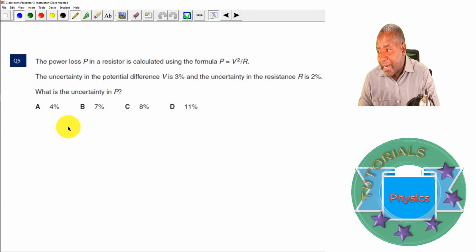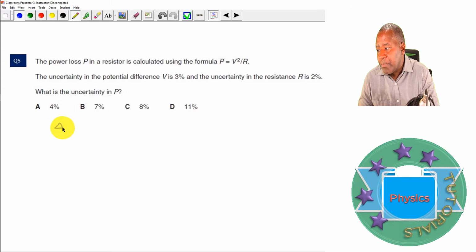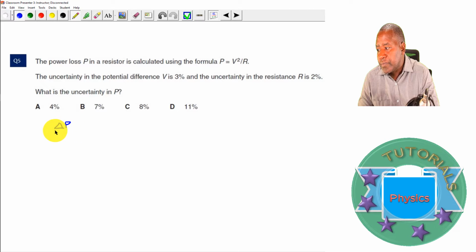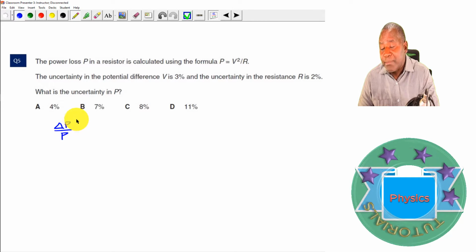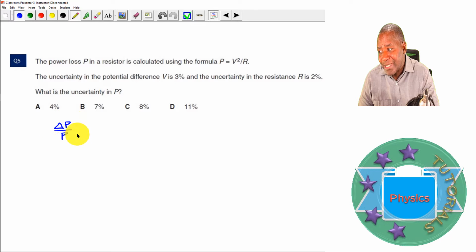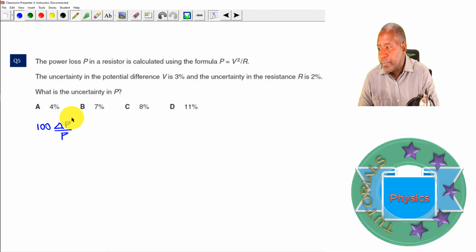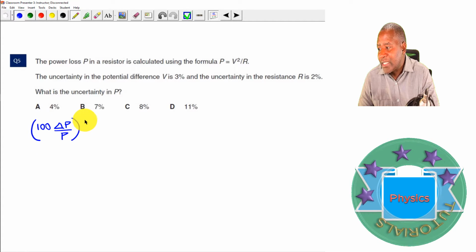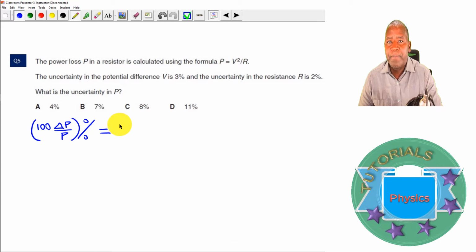But you must realize that the percentage uncertainty in P is obtained by multiplying the fractional uncertainty in P by 100. That is how you end up getting the percentage uncertainty in P.